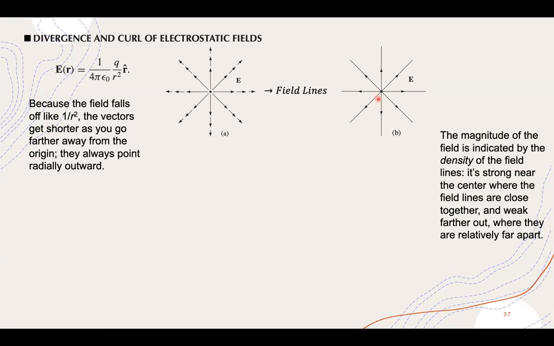If you draw a circle here, you will see that the density is larger compared to a circle drawn here. So this shows that we are not missing any information that is explained by a representation like this. This is the simplified version which we call field lines to define electric fields.